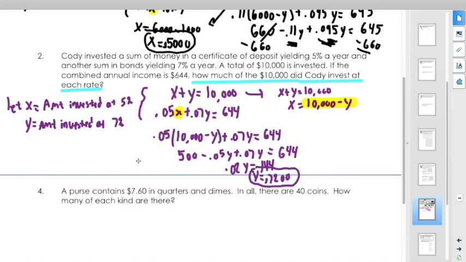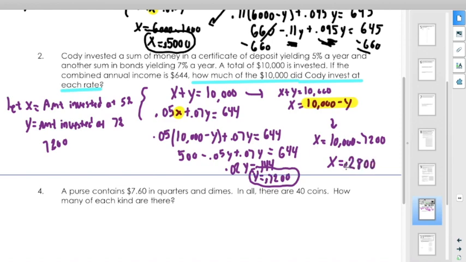Okay, sweet. So I know that he invested 7,200 at 7%. So how much did he invest at 5%? Well, let's just plug the 7,200 in for y now. So x equals 10,000 minus, we now know y is 7,200. So that means that x is going to equal 2,800.